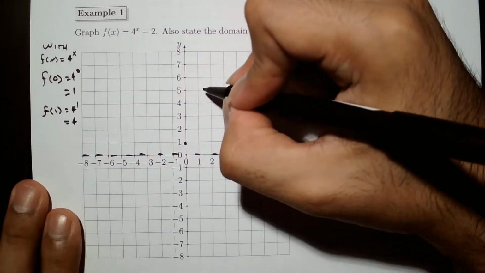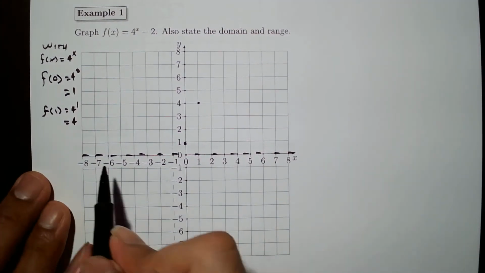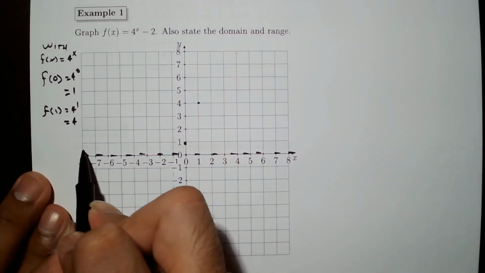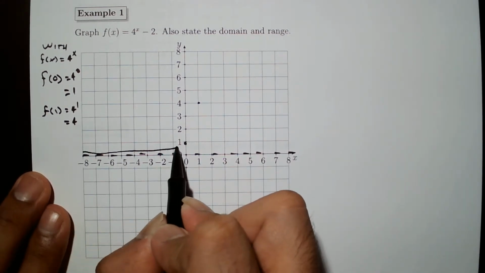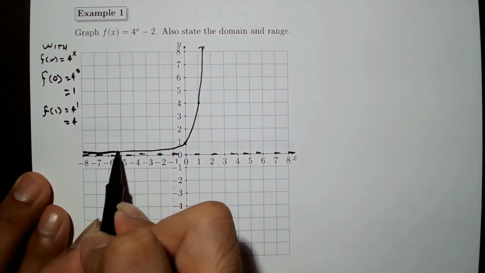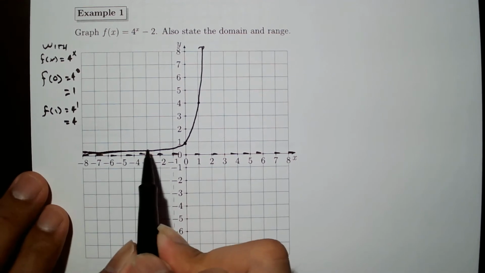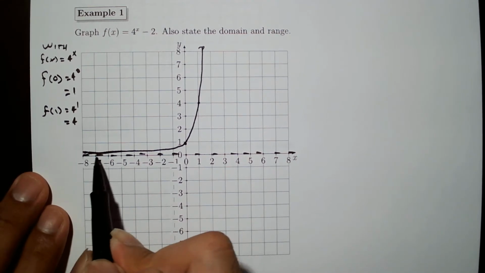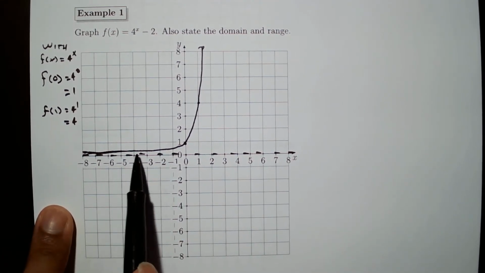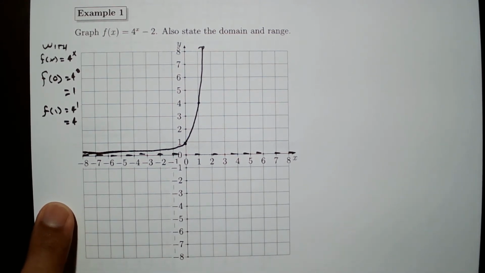So if x equals 1, y equals 4. I'm going to give this the shape of an exponential function passing through these points. It doesn't have to be perfect. Just be sure that this almost horizontal part of the graph doesn't touch the x-axis. It gets only asymptotically close to the x-axis.